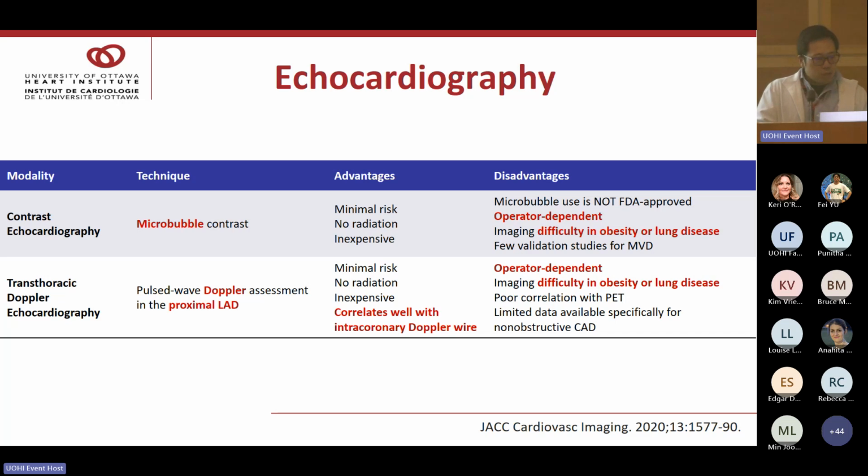Alternatively, transthoracic Doppler echocardiography can be used, where you measure coronary flow velocity at rest and during stress in the proximal segment of the LAD. It has been shown that this method correlates very well with invasive measurements.